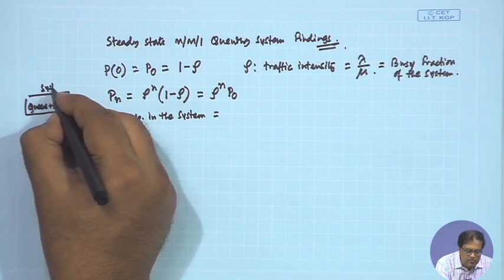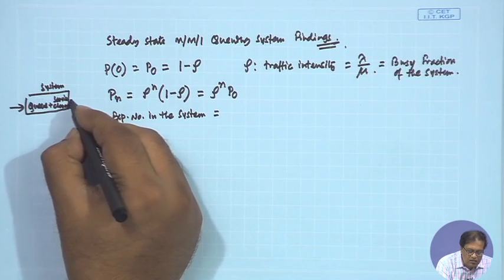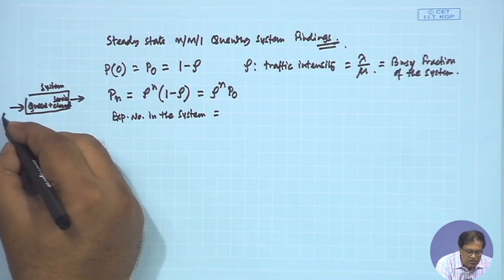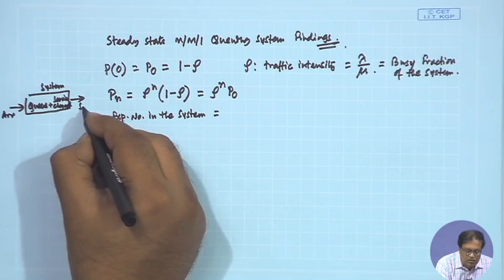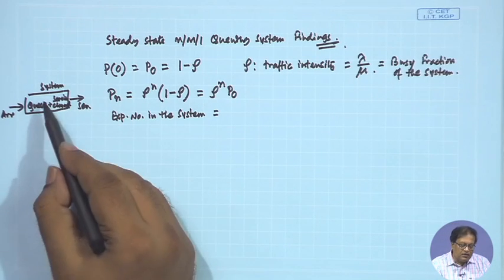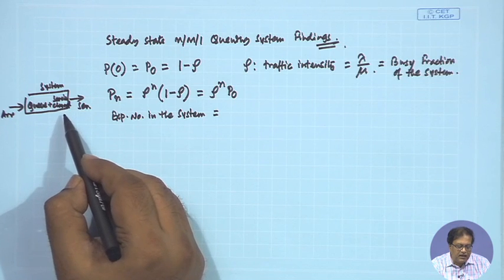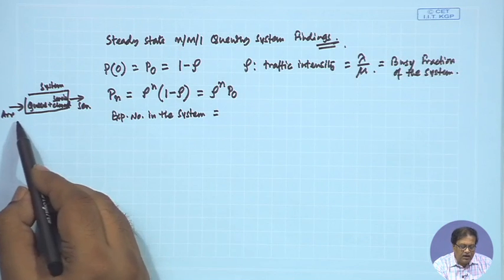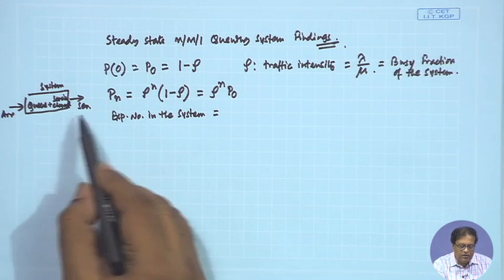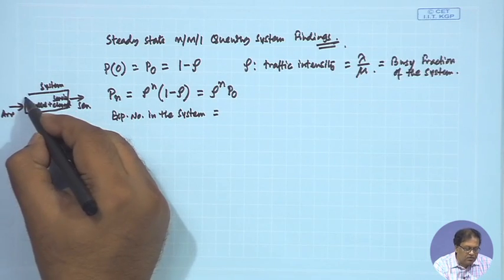Arrival is here, the service is here. So, this is a simple diagram: there is a system, the queue portion and the service channel portion. The people are arriving, people are going out, they are being serviced. The queue plus service channel, the total thing, is called the system.